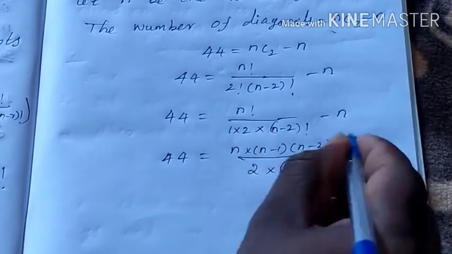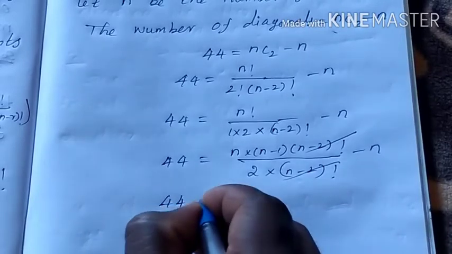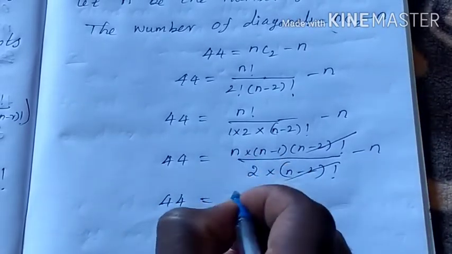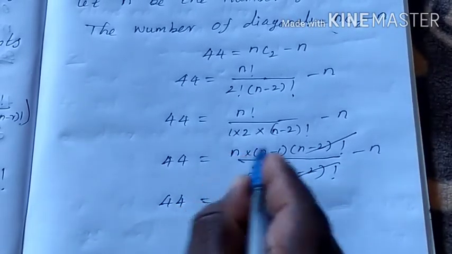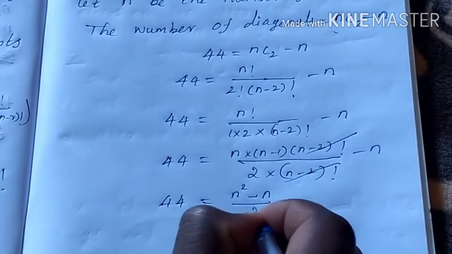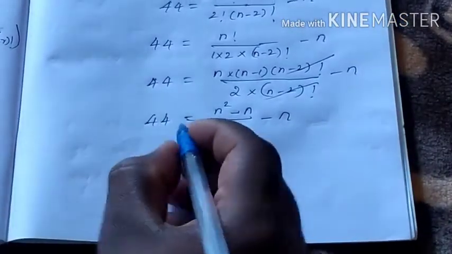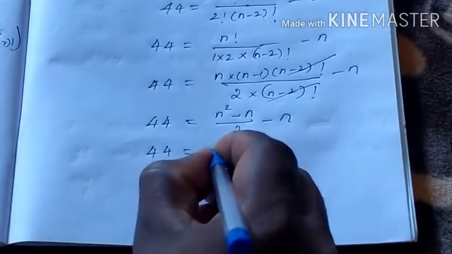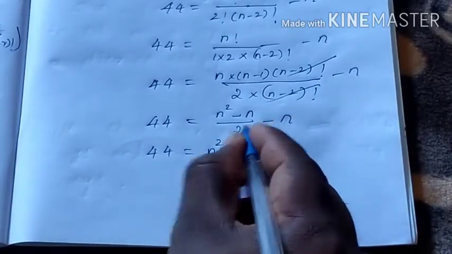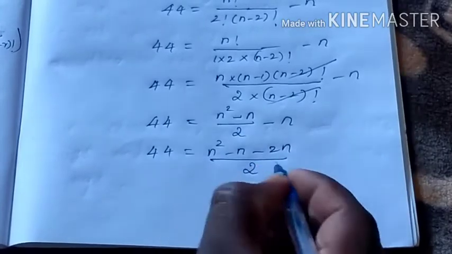The (n minus 2) factorials are cancelled. So the remaining terms are 44 equals n into (n minus 1) divided by 2 minus n, which is n square minus n minus 2n, divided by 2.